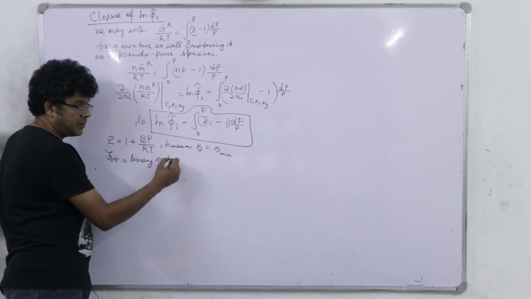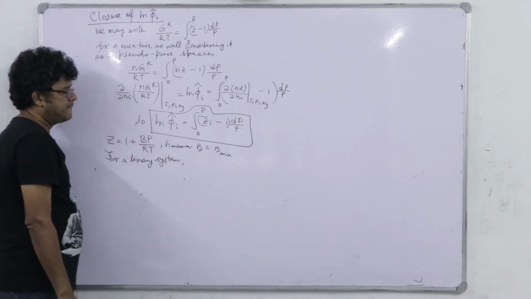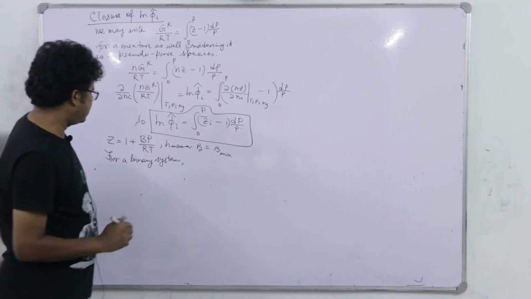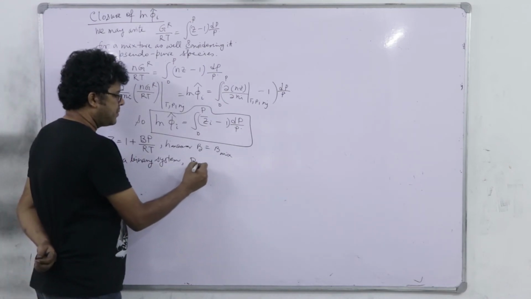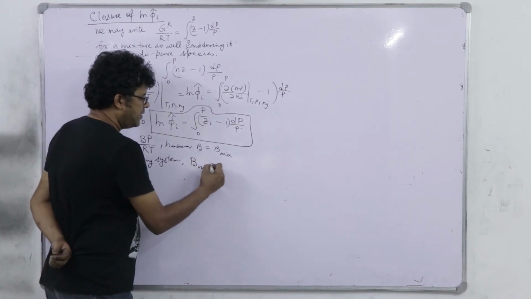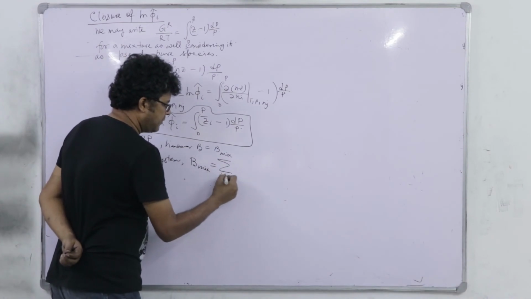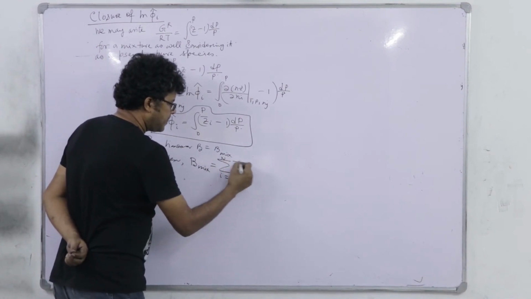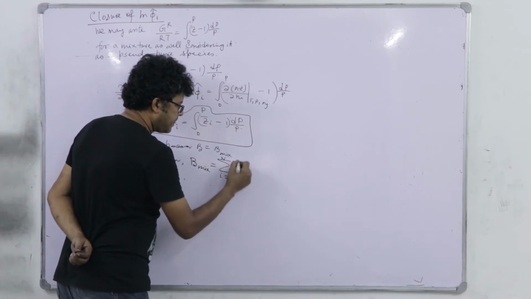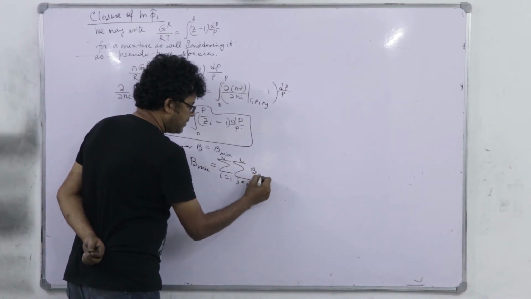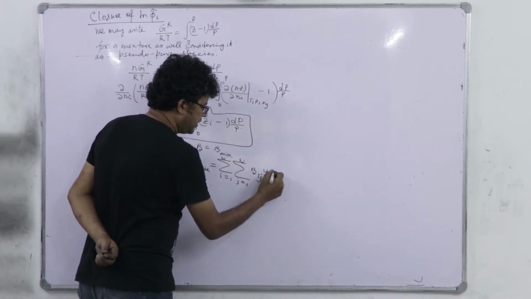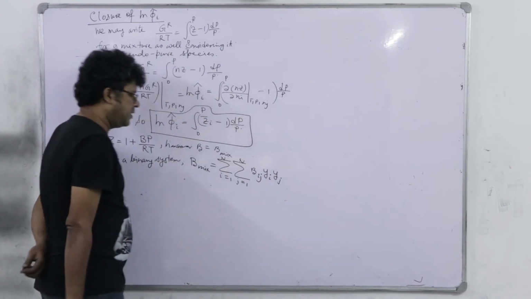We will extend it for multi-component. So, for a binary system, B mix is given by the mixing rule for the virial coefficient. We will discuss it again when we study the equation of state.